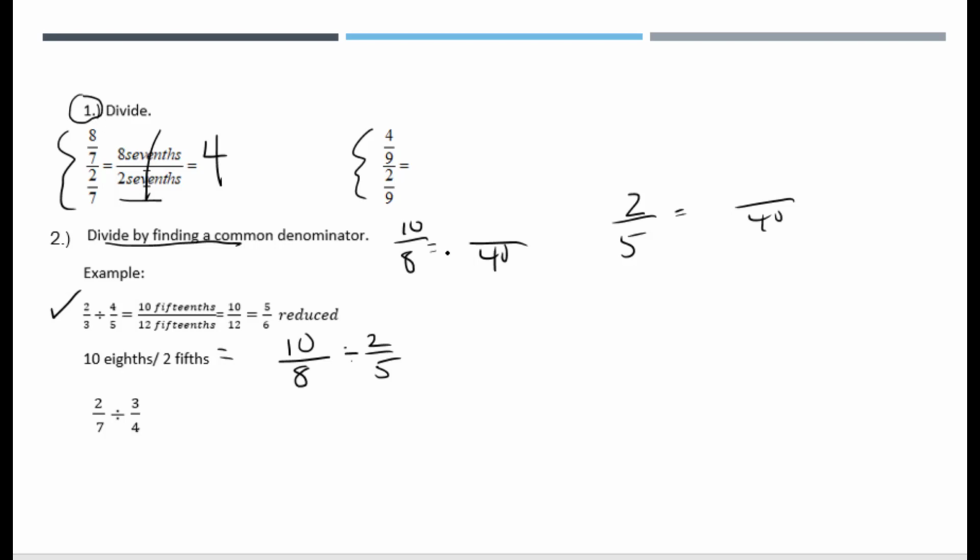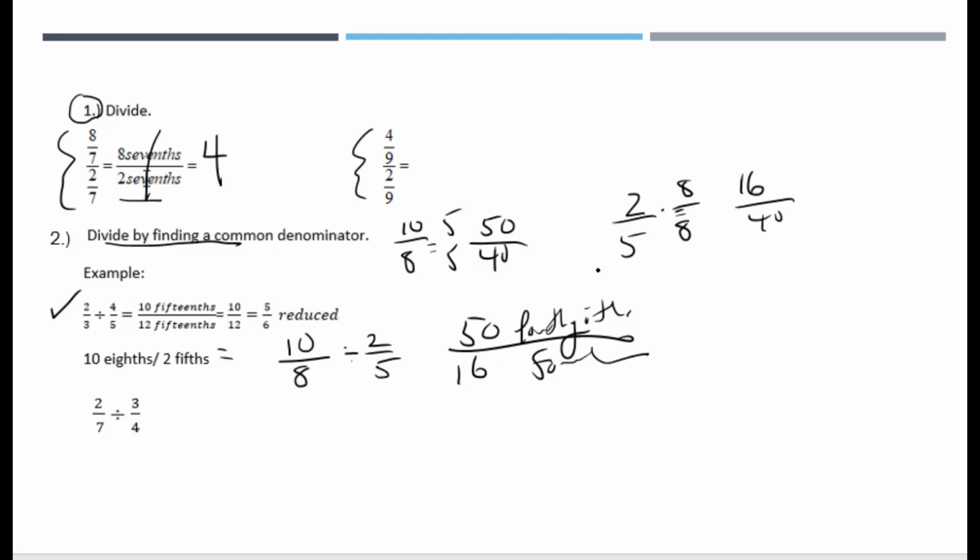This one I'd multiply by 5 over 5, and I get 50 over 40. And this one I'm going to multiply by 8 over 8 and get 16 over 40ths. So I get 50 over 40ths divided by 16 over 40ths. The 40ths cancel, and the answer is 50 over 16.